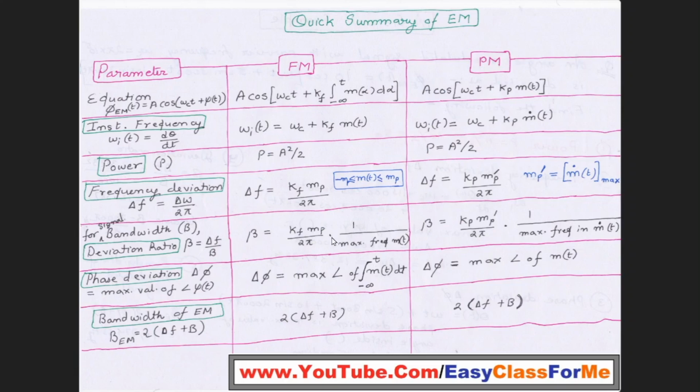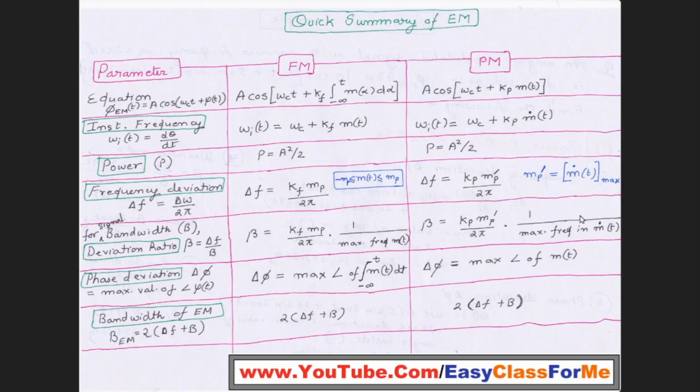We already know delta F from these formulas, so simply we have to use it. If you want to calculate the bandwidth for this particular signal, the message signal here is m(t), then the maximum frequency of m(t) will be its bandwidth, because it's essentially a baseband signal. Whatever is the maximum frequency component available there will be the bandwidth.